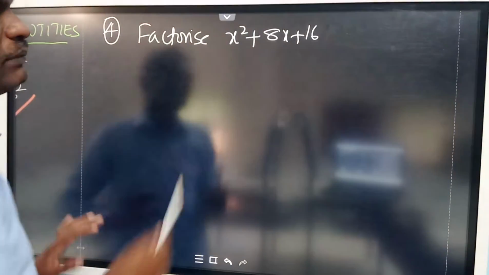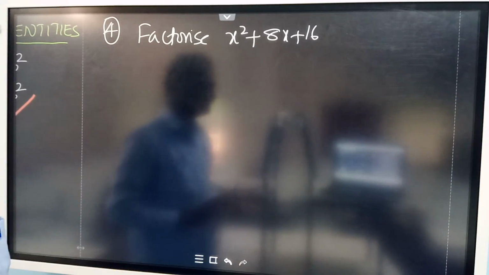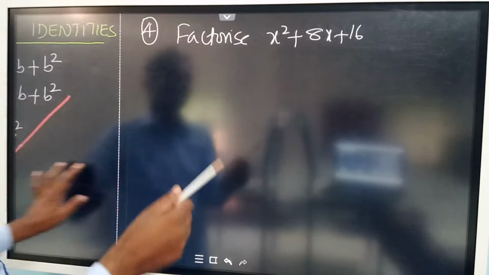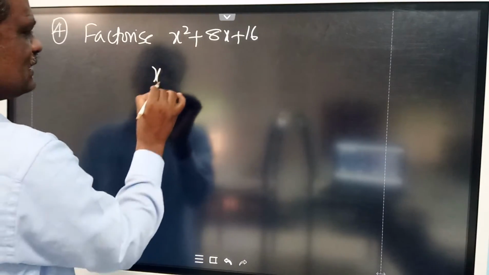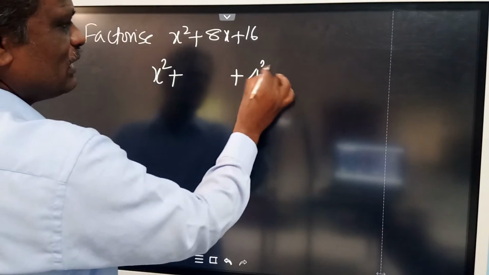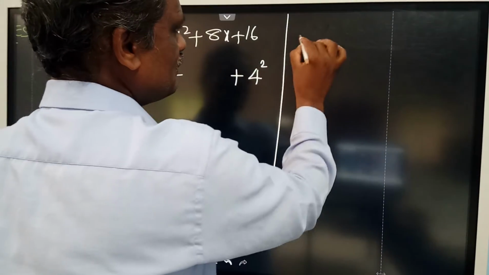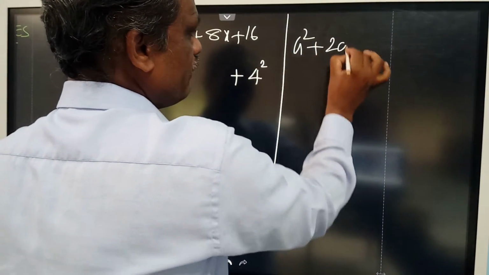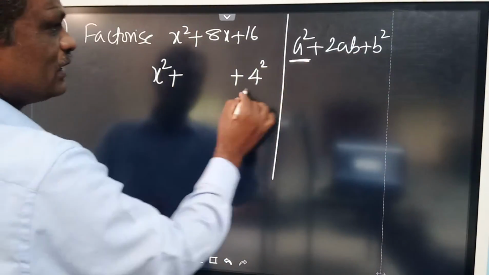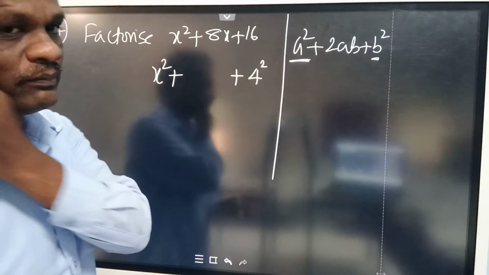So this may be in the form of a square plus 2ab plus b square. Let us write in this form. I am going to write this x square as it is, plus the last term I will write as 4 square. So remember this formula, a square plus 2ab plus b square. You got the first term x square, last term 4 square, b square.